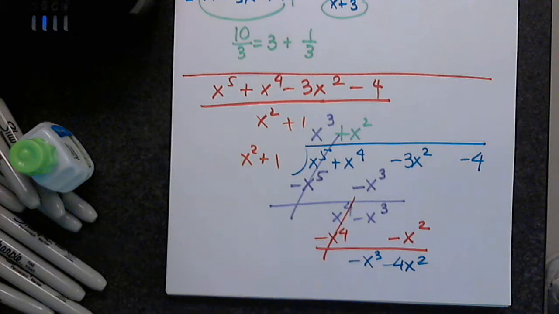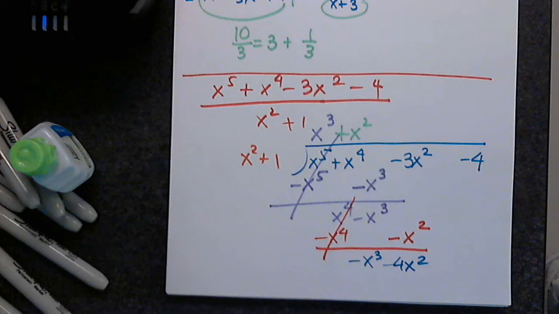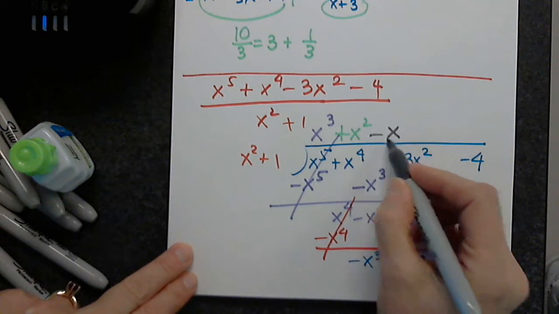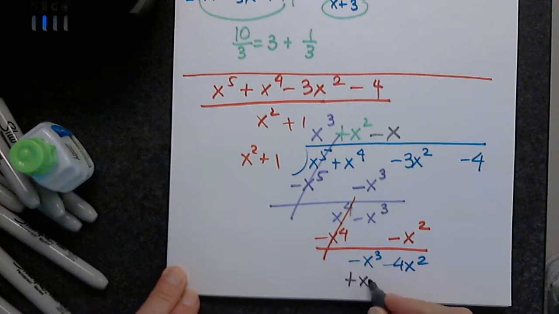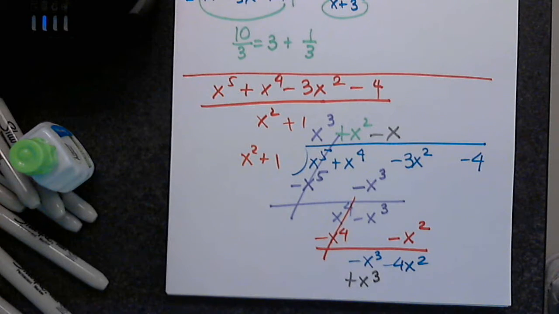Good. X squared times what equals negative x cubed? Careful. Thank you. Negative x times x squared, but I have to change the sign. Negative x times 1 is negative x, which you have to change. Yes, where do I write it?